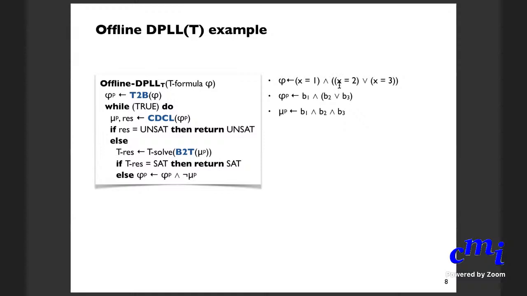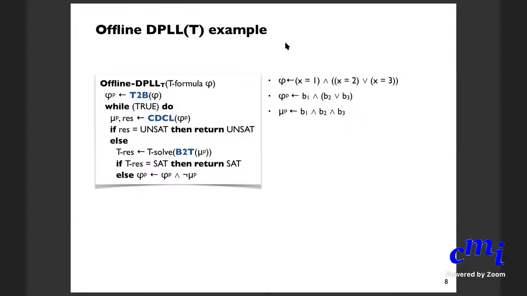So the idea here is, of course, that's what SMT is. When I give a theory, if it's a theory in which 1, 2, 3 will mean the same thing, then it's okay.